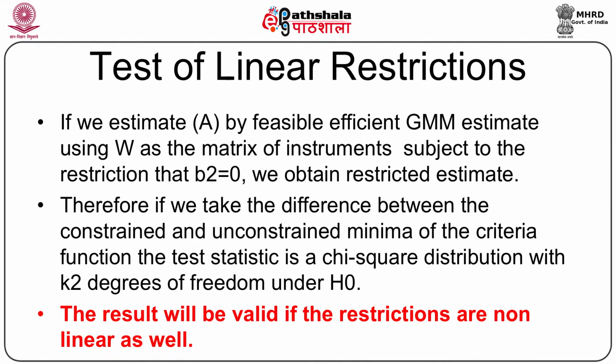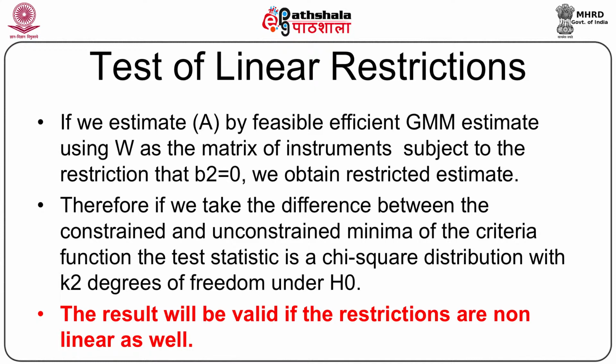So what we do, you first estimate the model x1 beta1 plus x2 beta2 plus u, and then after estimating the parameter beta2, you use it to test the restriction beta2 equal to 0. So if we estimate the expression by feasible GMM estimate using W as a weighting matrix, or matrix of instruments, subject to the restriction beta2 equal to 0, we obtain the restricted estimate.